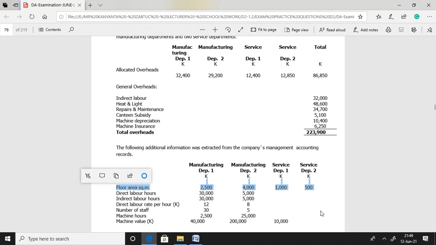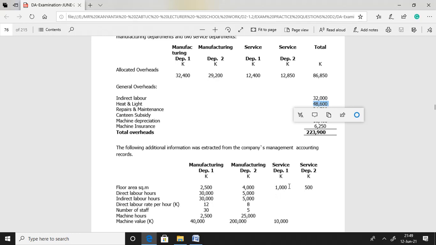You add up the total floor area for all the departments. So we have 2,500, 4,000, 1,000, and 500. This should give us 8,000. So for department 1, it's 2,500 divided by 8,000 multiplied by 48,600. For department 2, 4,000 divided by 8,000 multiplied by that total cost.